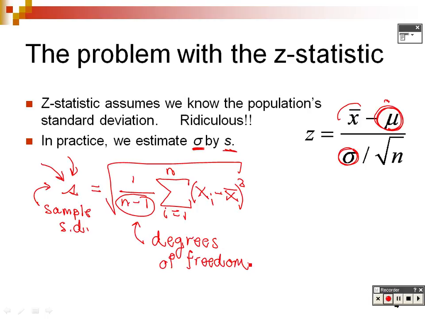And here's why we use this word freedom to refer to this. If you had to pick a data set, a bunch of xi's, and you knew S, you knew the sample standard deviation, you could make n minus 1 choices.